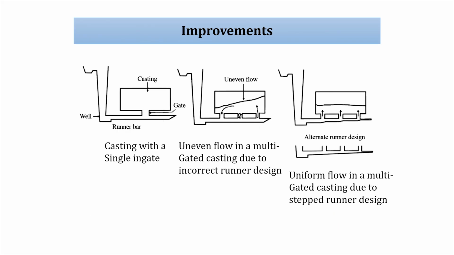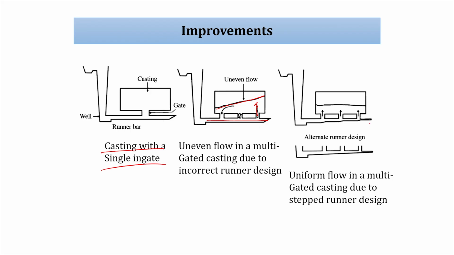Next design can be for the same thought. Let us assume you are filling the casting with a single ingot and a casting with multi ingots. And your thickness is fixed. So, where will the maximum filling happen? Here, and then you can see this type of filling will happen. This is uneven filling. Okay. Incorrect runner design. So, what can we do?